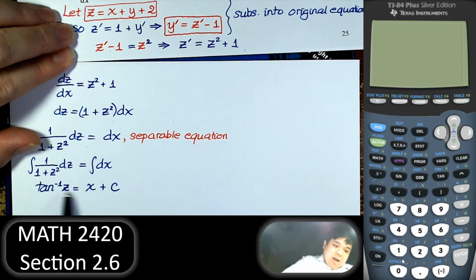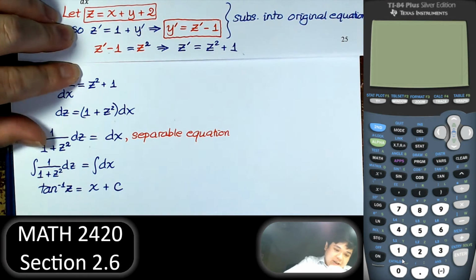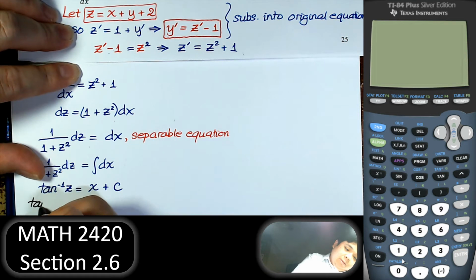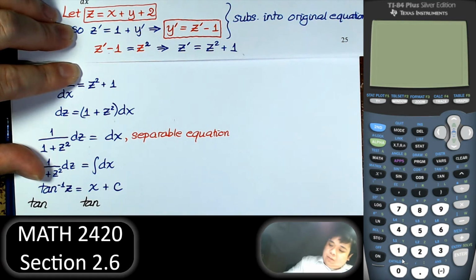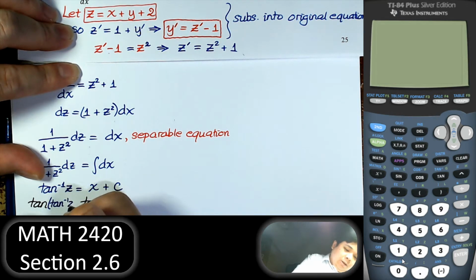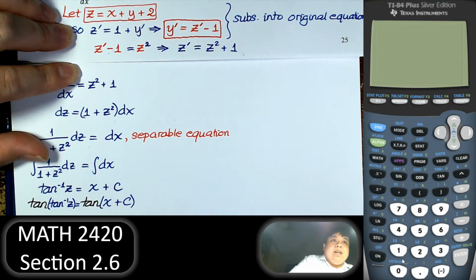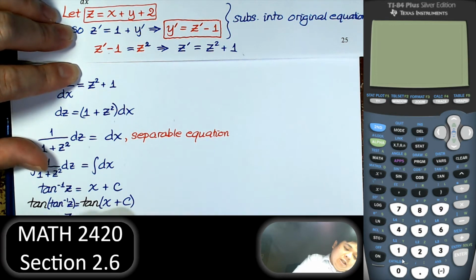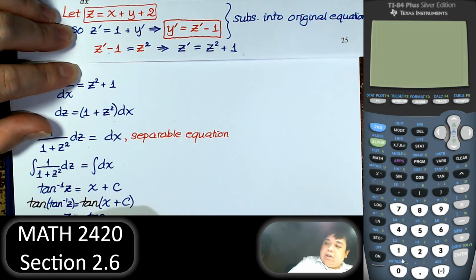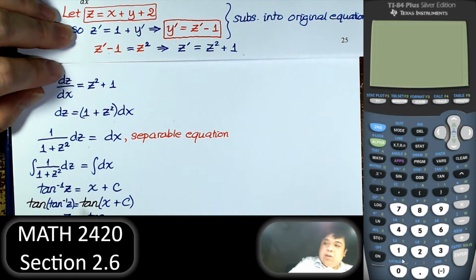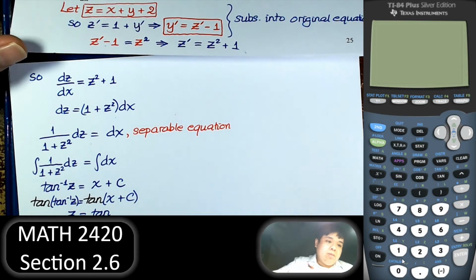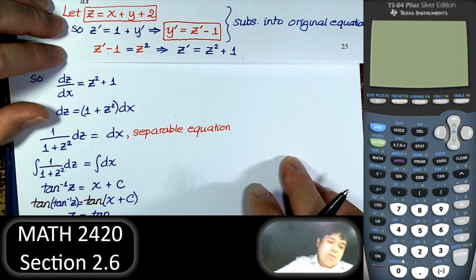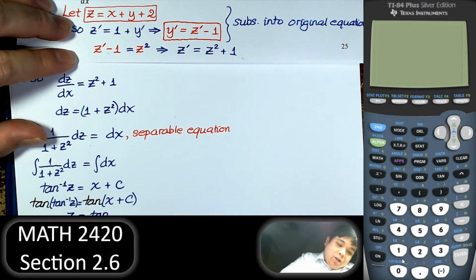Now, we can take tangent on both sides. So that cancels out, we have z. Tangent inverse, we have tangent of x plus c.